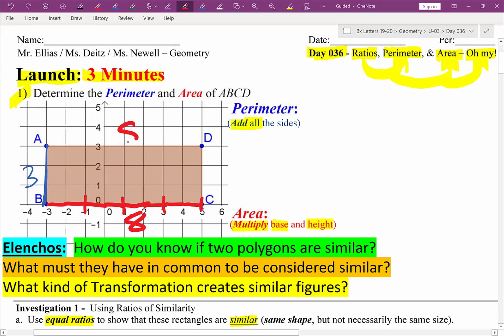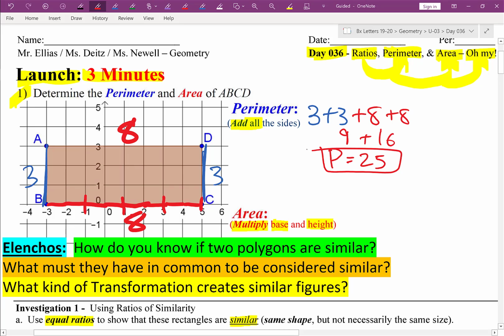In a rectangle, opposite sides are congruent. So if the base is 8, then the top is 8. If one height is 3, then the other height is 3. So perimeter is going to be 3 plus 3 plus 8 plus 8. So 16 plus 9, what's that? 25? Yep. So P is 25.